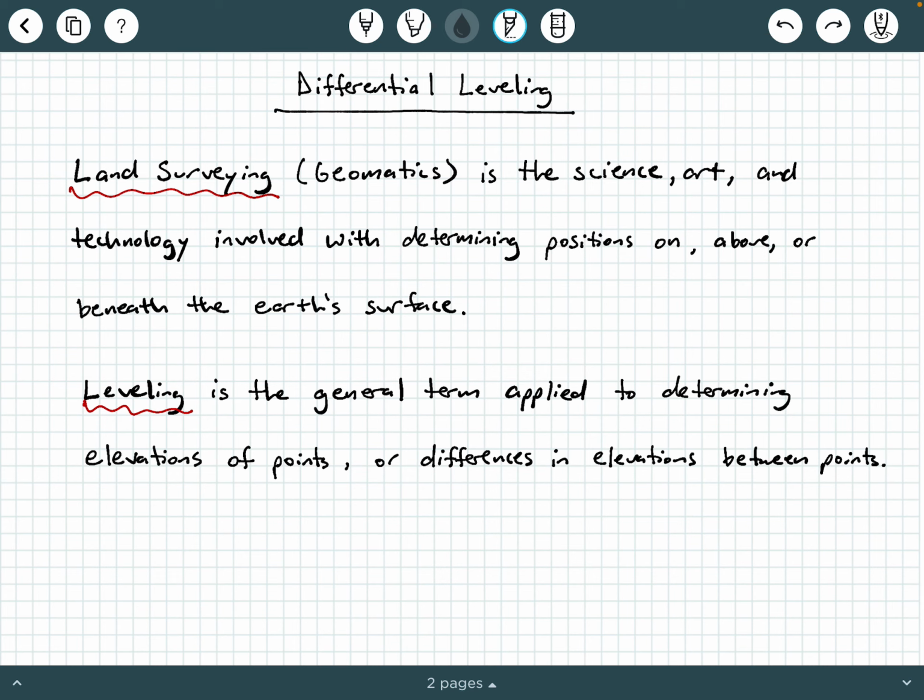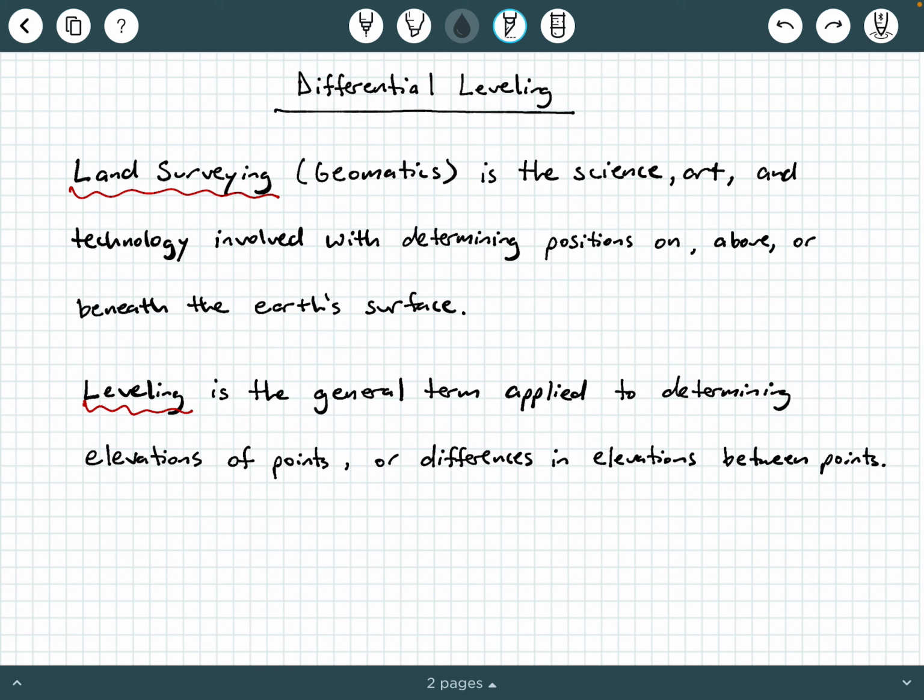It's the science, art, and technology all involved with determining positions on, above, or beneath the Earth's surface.